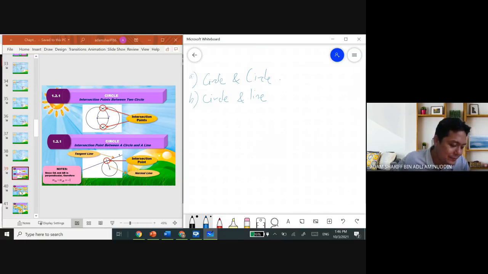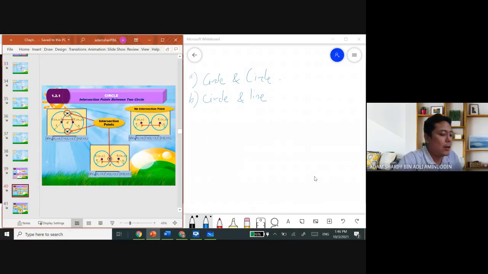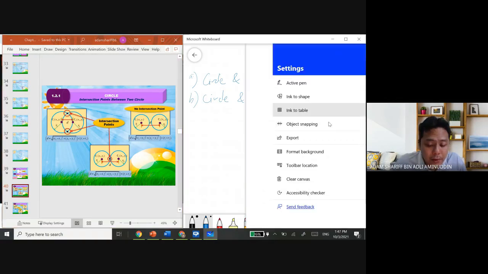Susun ayat saya. Okay. A few situations that can be seen. The first one, they intersect each other. They don't intersect each other, and also it only intersects at one point. This thing is quite intuitive, because radius.